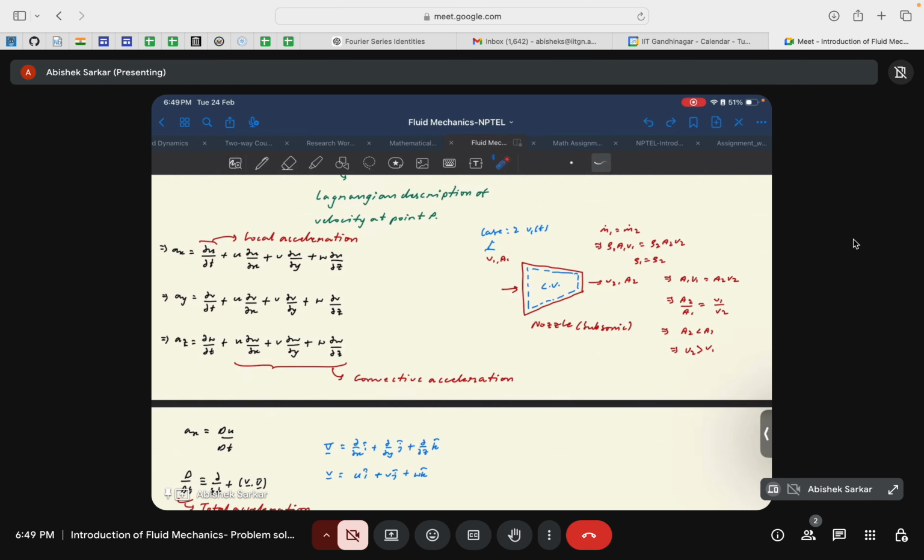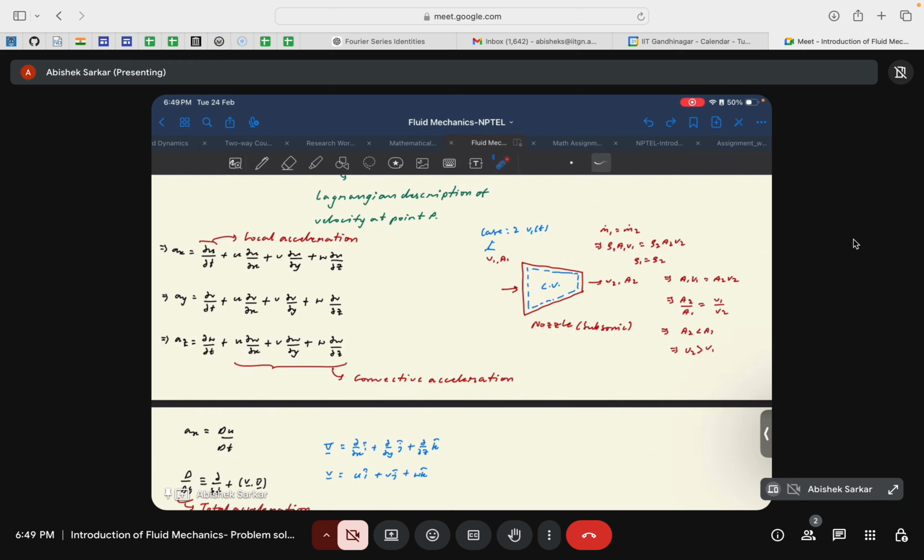Okay, now I have two things to clarify. You can meanwhile just look into the expressions. First is the time derivative part, or the partial derivative with respect to time. These are individual components of the acceleration field: this is acceleration along the x direction, this along the y direction, and this along the z direction.